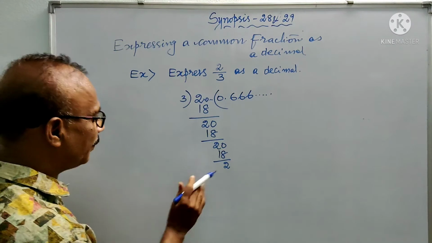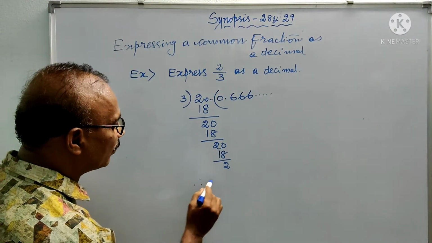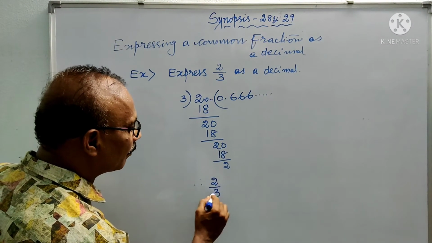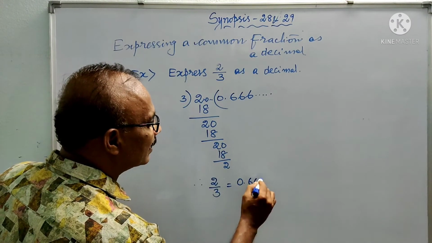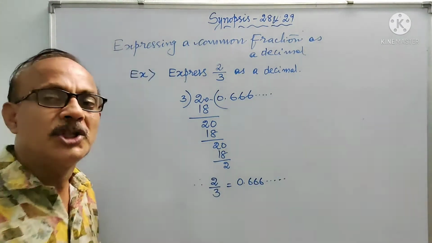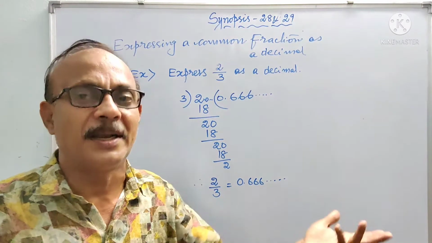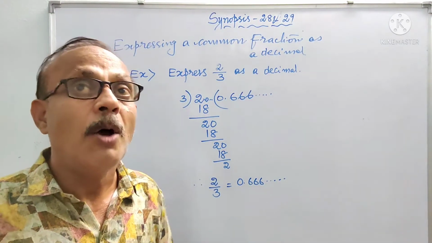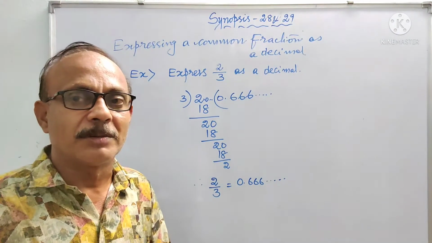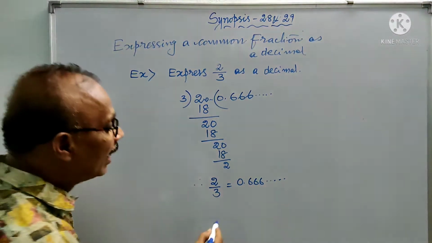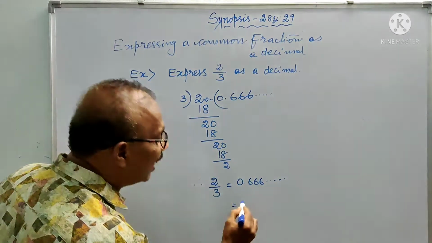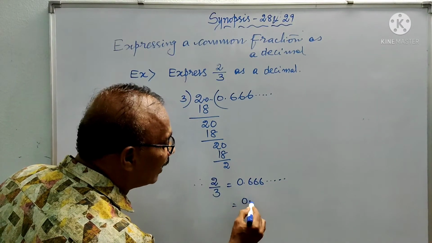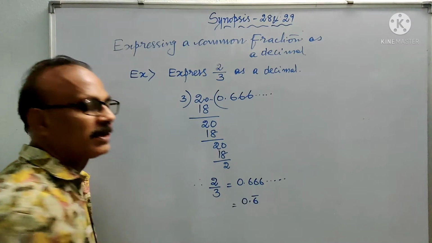Now you can write, therefore 2 by 3 equals 0.666, so on. So how many sixes are there? Infinitely many. Now there is a special notation for this. That is, what is the part repeating here? 6 is repeating. Therefore, we write that 6 only one time and keep a bar over it.